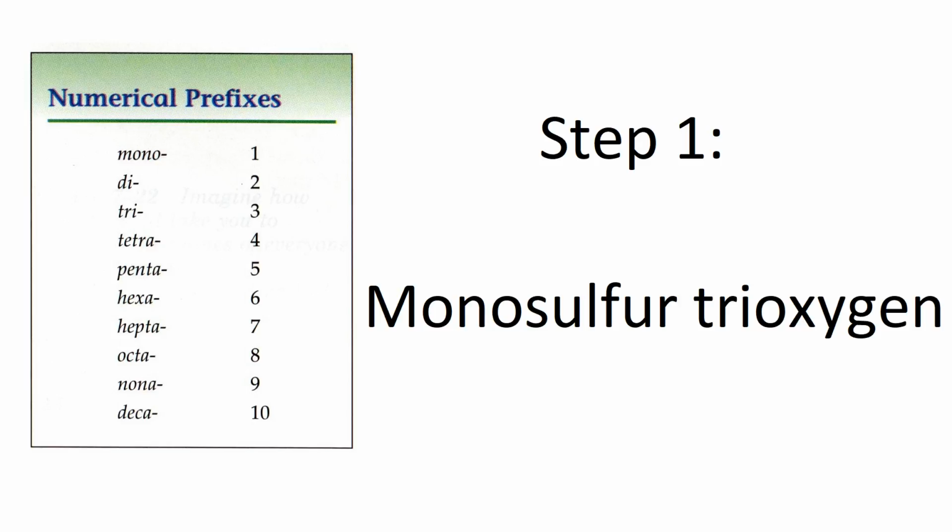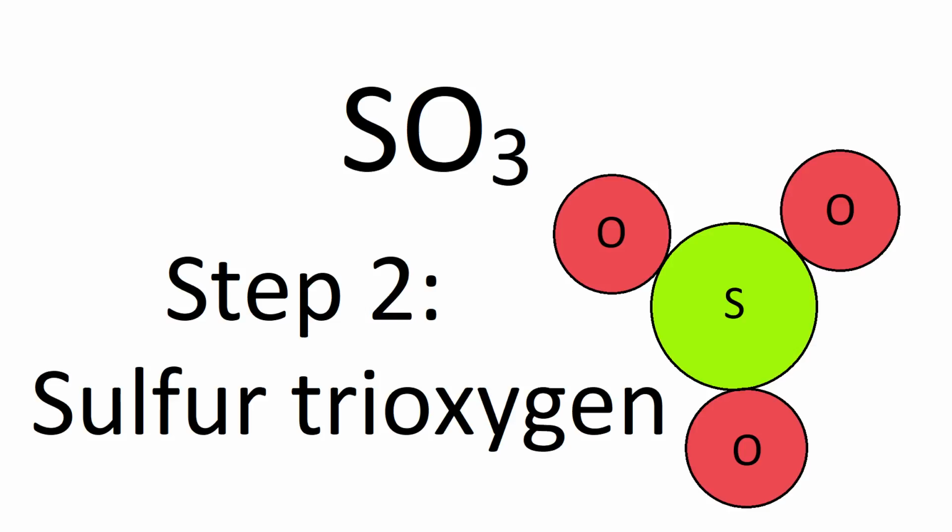In this case, sulfur will turn into monosulfur because it has 1 subscript, and oxygen will turn into trioxygen because it has 3 subscripts. The next step is that you don't start the name of the first element with mono if it only has 1. So in that case, it only turns into sulfur trioxygen.